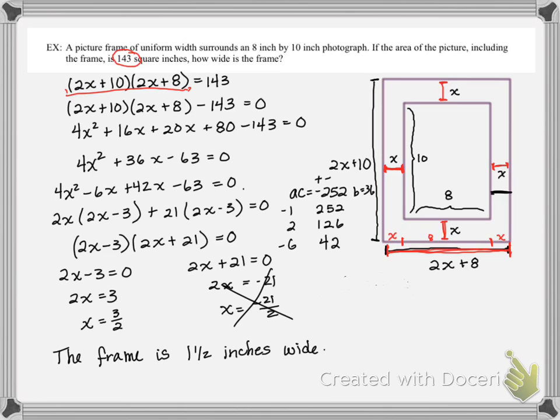It's because labeling that is the only way for me to then express everything in the picture in terms of a single variable. If I made this one x, then I really have no idea what I would make this one to relate it to that. So making this guy x allows me to use it in both dimensions.